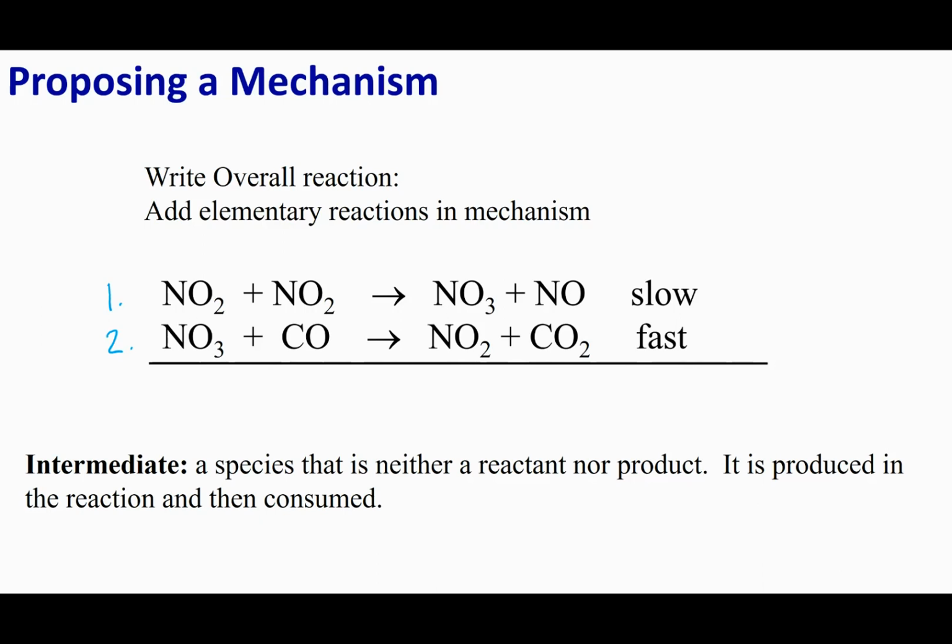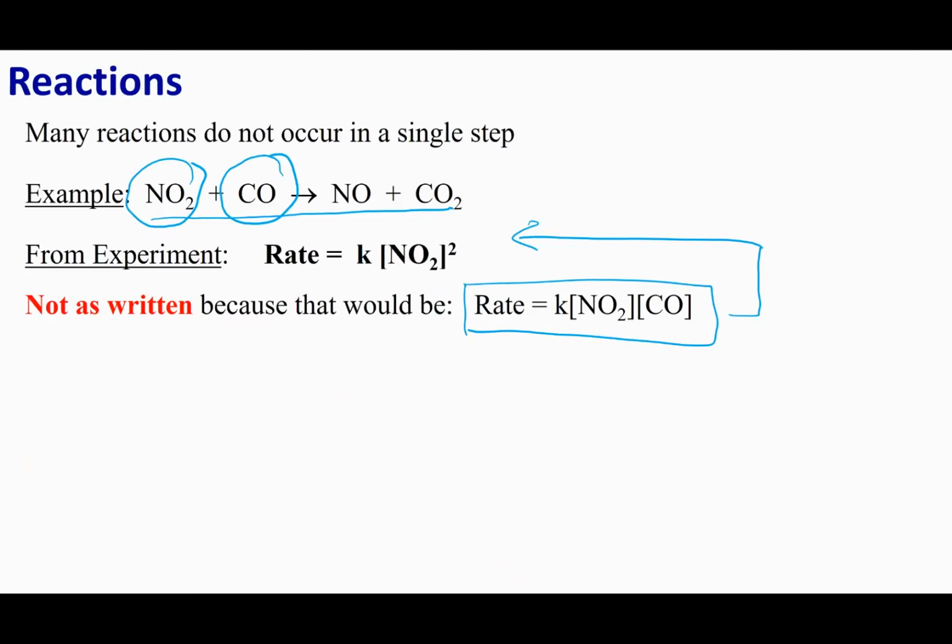Now there's one thing that people love to do when they propose mechanisms, and that is creating intermediates. So let's take a look at this. In the first step, we generate this chemical compound NO3, and then in the second step, that NO3 is going to be consumed. You guys can look at the overall reaction from the last slide. You'll notice that NO3 is neither a reactant nor a product.